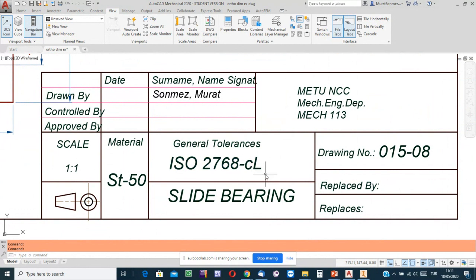Geometrical tolerance, repeating again, is deeply studied in MEC 114. Mechanical engineering students are deeply educated on not only size tolerance but geometrical tolerances.